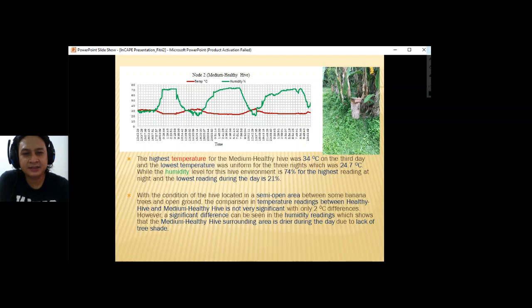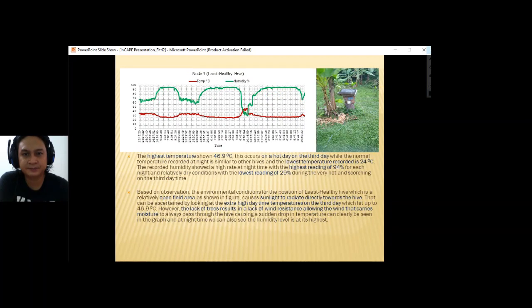We can discuss here that this hive is located in a semi-open area. The temperature reading between the healthy hive and the medium healthy hive is not very significant, but the humidity readings are really significant. The medium healthy hive's surrounding area is drier during the day due to lack of tree shade.